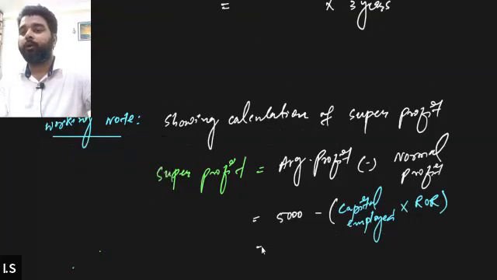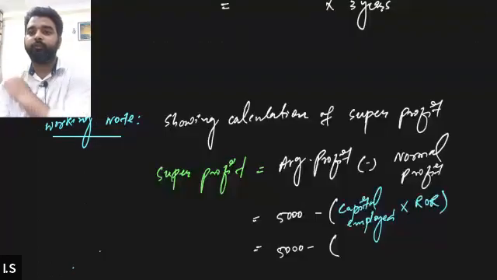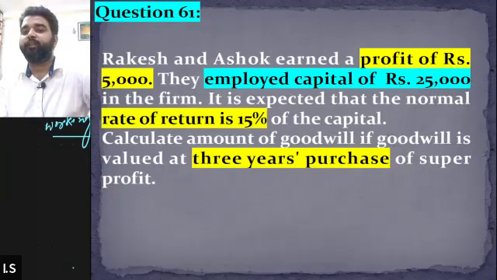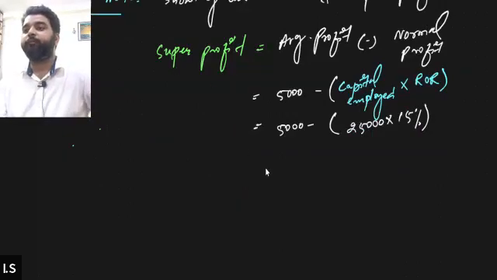So 5,000 minus the capital employed, which in the question was 25,000. The rate of return is also given, which is 15% of the capital employed. So we will multiply 25,000 with 15%.